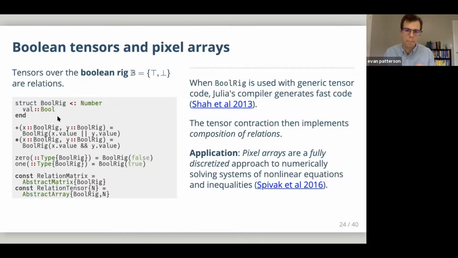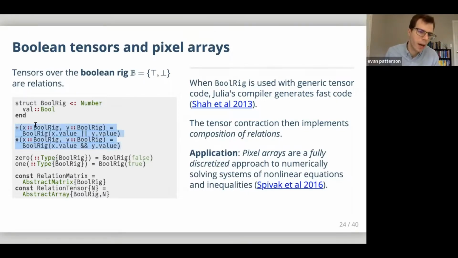So Julia, although it's interactive, is based on a just-in-time compiler. When it sees this code with, say, this tight Boolean rig for the first time, if it has some generic tensor code, when you first run it with this new type, it's going to generate specialized low-level code specifically for this Boolean rig type, which is able to avoid extra allocations. So you get the benefits of generic computing.